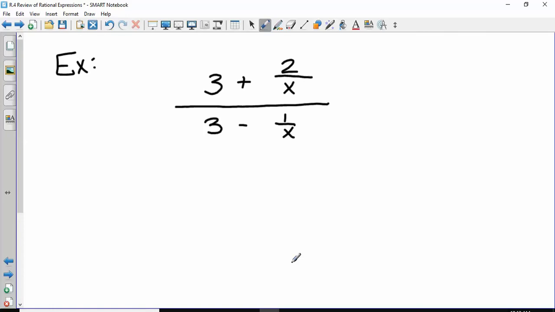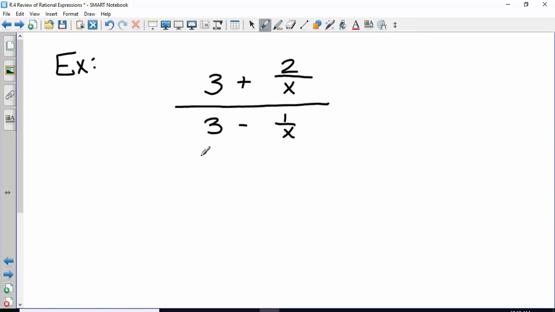Okay. Periodically, I like to show you guys little tricks that can make really complicated problems easier. So sometimes we might encounter something like this, and it looks really ugly, but there is actually a very simple way to clean this up. When you have a fraction, we know it's legal to multiply something as long as you do it to both the top and the bottom, right?